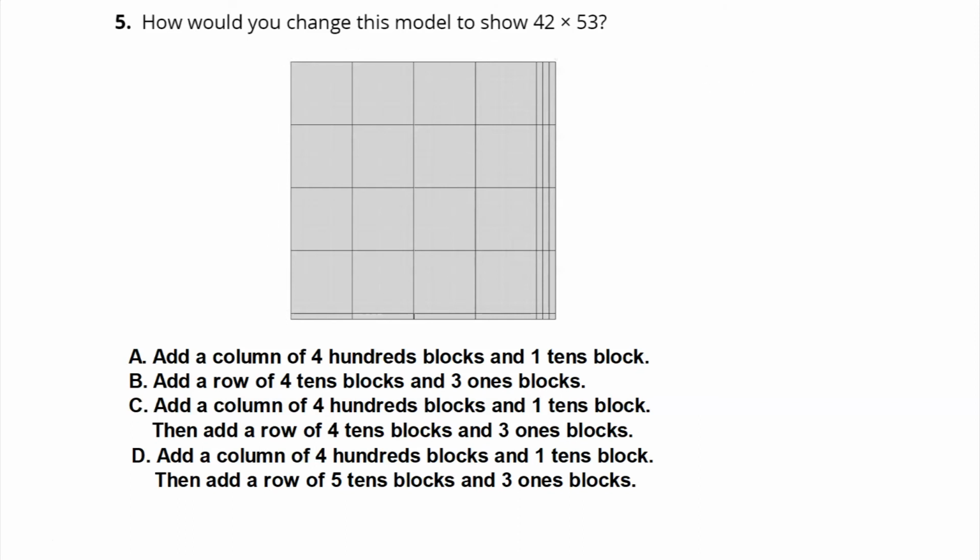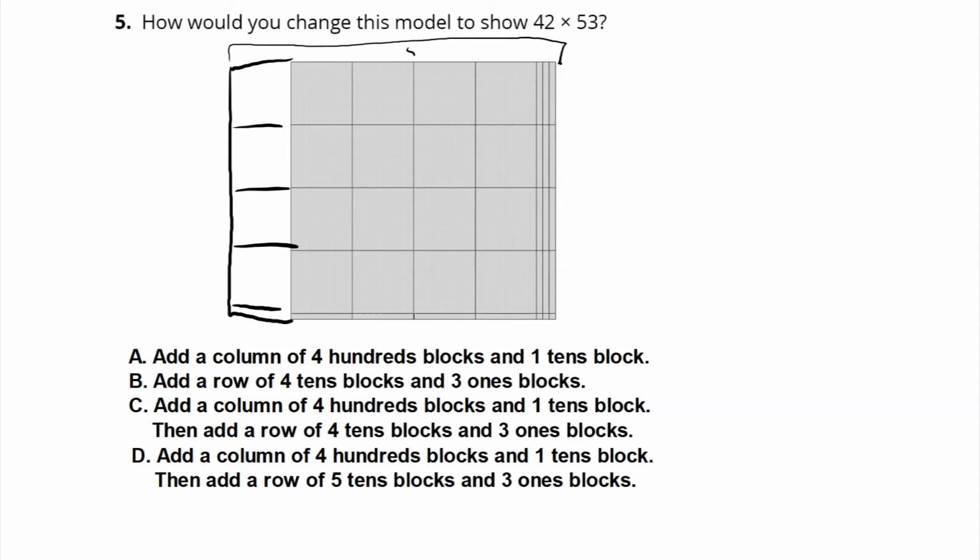So the first option is to add a column of 4 hundreds blocks and 1 tens block. So we're adding a column. They're saying add 4. So by doing that, we've now got 53 across the top. So that gives us what we want. But down the side, we still just have 41. So we're not to where we want to be yet with 42.